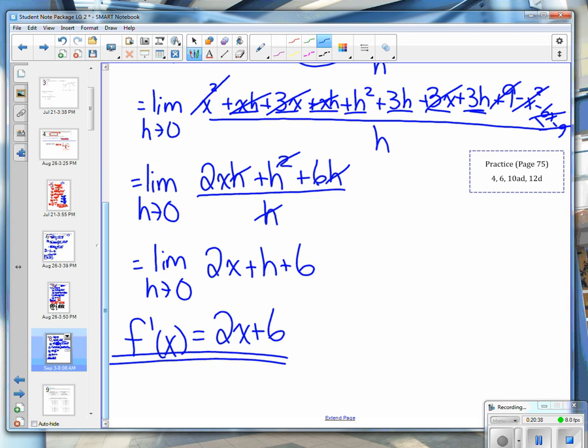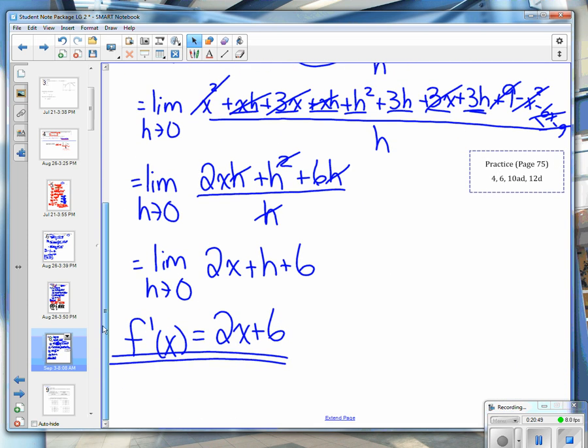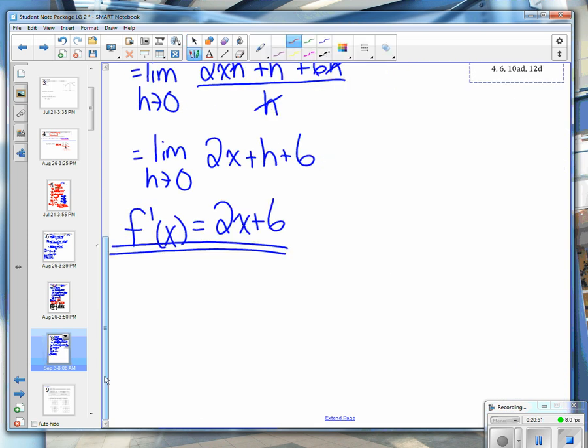So this is our derivative formula. This is how to find the slope at any given point. Now, the next stage of the game, remember it said find the equation of the line at 2, 25. And remember that's my x and my y value.